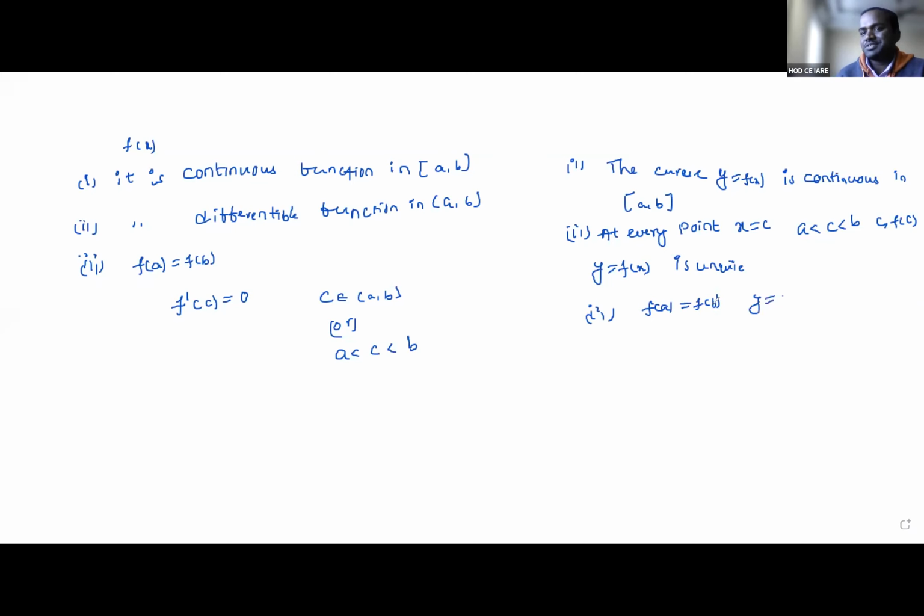They have the same coordinates, and they have the same height or same depth. So the tangent line is parallel to the x-axis. This is the interpretation of Rolle's theorem.